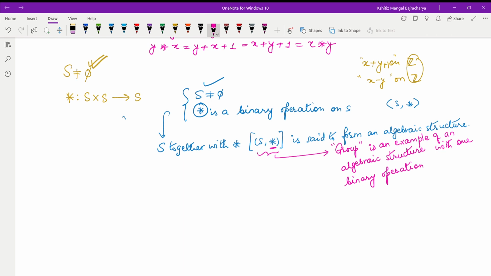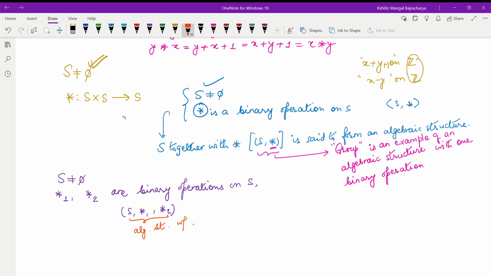Similarly, if we have a non-empty set S and star 1, star 2, two different binary operations on S, then S together with star 1 and star 2 is also said to form an algebraic structure with two binary operations.